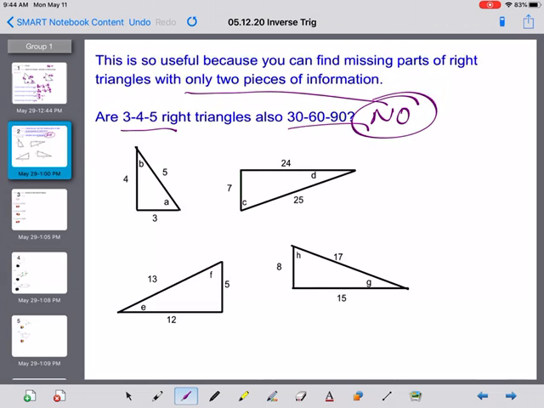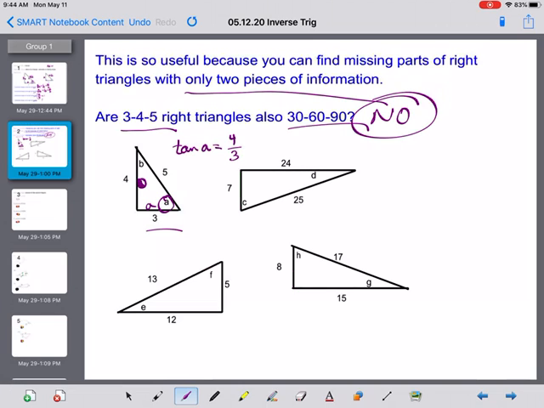Well, let's find the angles for these Pythagorean triples. So I'm going to show you how to do that. So with this first triangle, the 3, 4, 5, let's start with angle A. So one way you could do this is the tangent of angle A equals, so opposite over adjacent leg equals 4/3.